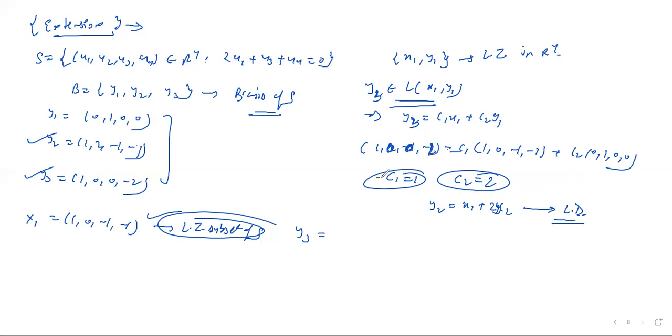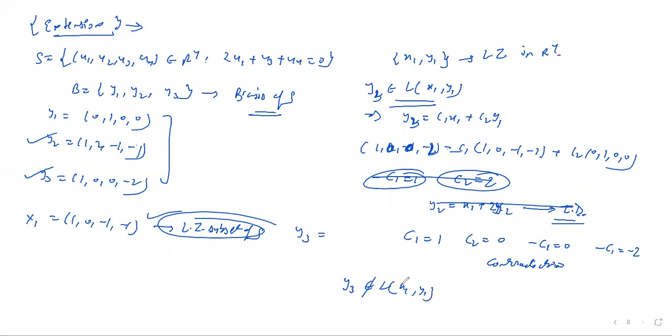From this I got c1 = 1, c2 = 0, minus c1 = 0 and minus c1 = -2, which are inconsistent, contradictory values of the scalars. So y3 does not belong to the span of x1, y1. So this is linearly independent. So I got x1, y1, y3 as linearly independent vectors forming a basis of S, which has dimension 3.